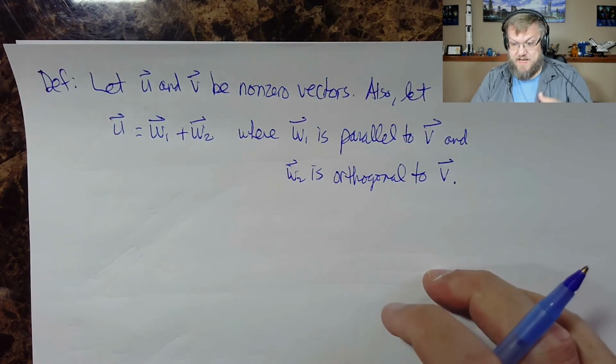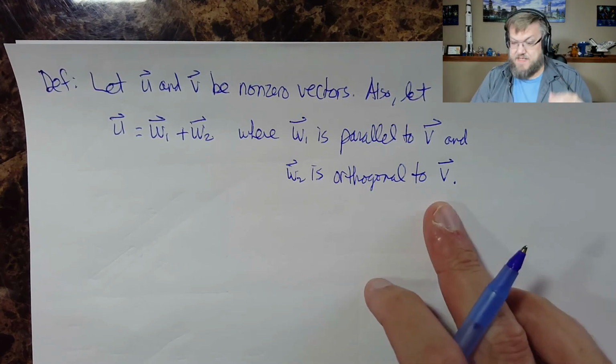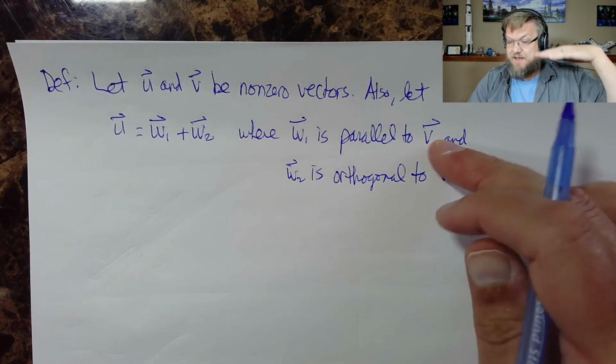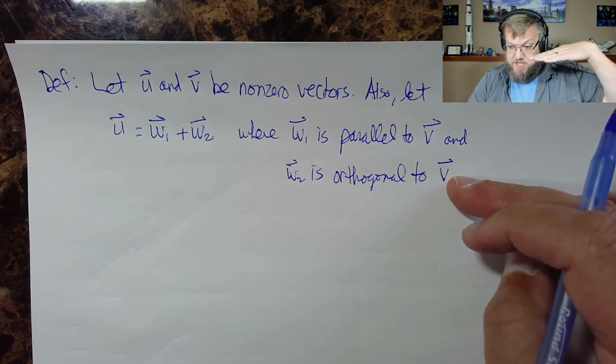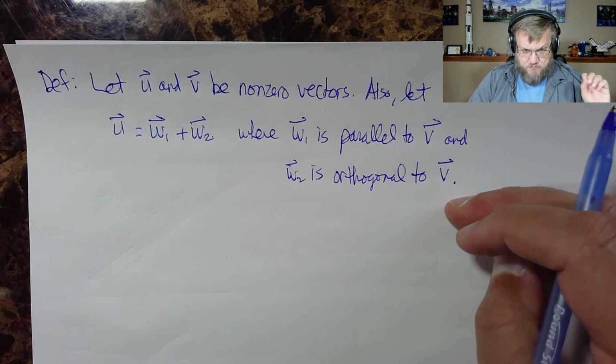This is just like saying, hey, I can write this vector as a horizontal piece and a vertical piece, except now I don't have to have a general horizontal. I can have v, another vector, tell me what I'm measuring against, parallel versus orthogonal. I'm going to draw a picture real soon here.